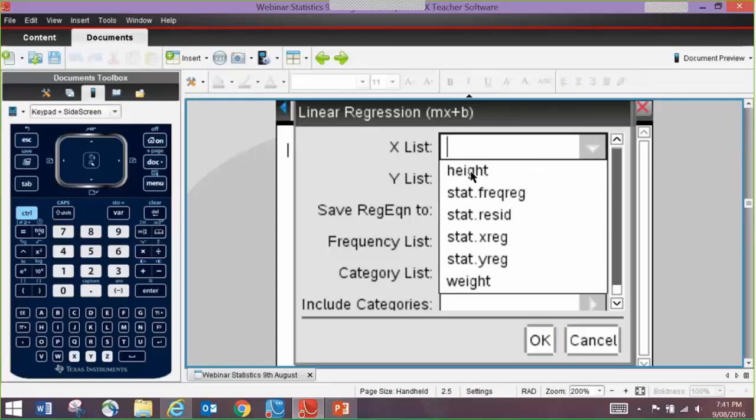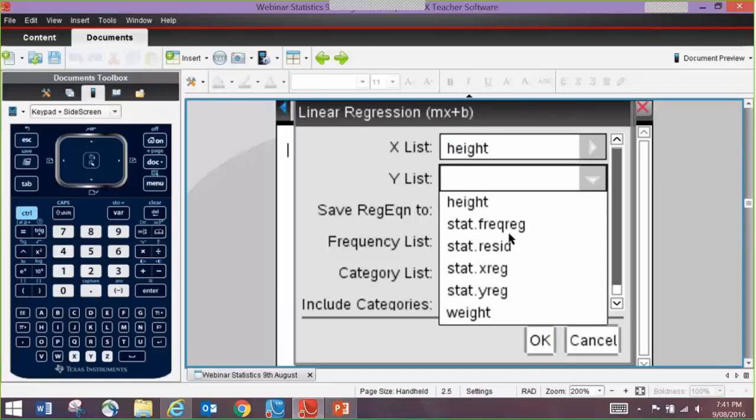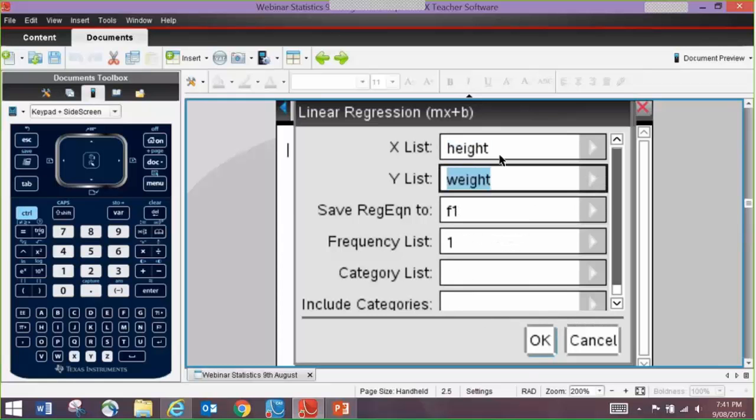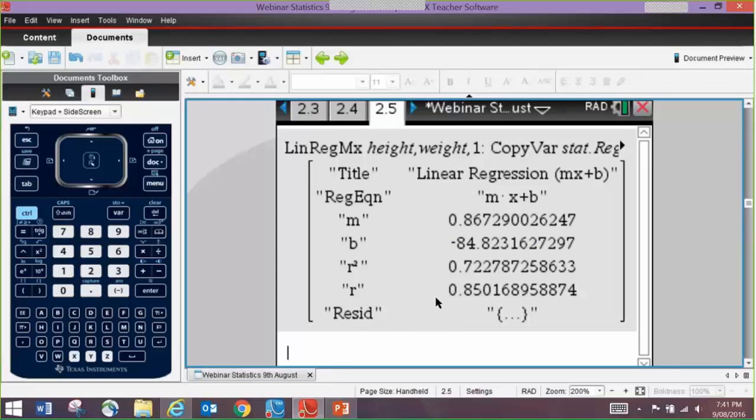So at this stage I had height as my explanatory variable, weight as my response variable, and I can see that it's going to save to F1, and what I can see there is my R value is strong at 0.85, it's positive, it's linear, etc. So I've got a nice value of my R value.